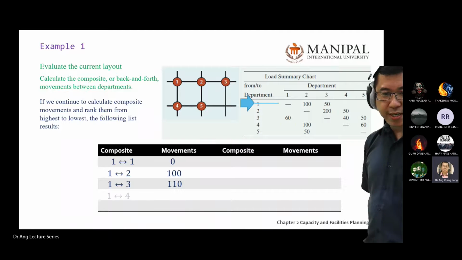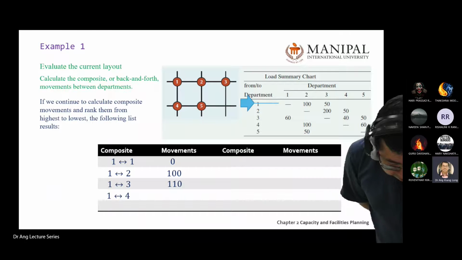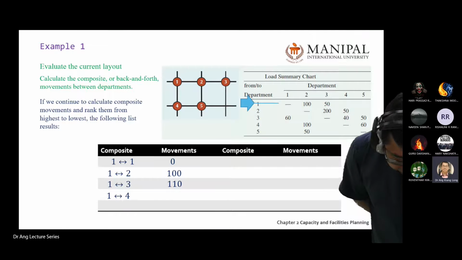Next, we do the next one. 1 to 4. Anyone you want to try before I call your name? You can look at the question. Then I'll call out one name. It's like playing chess. You look at the movement, go back and forth. Okay, this question I will ask another Harry.